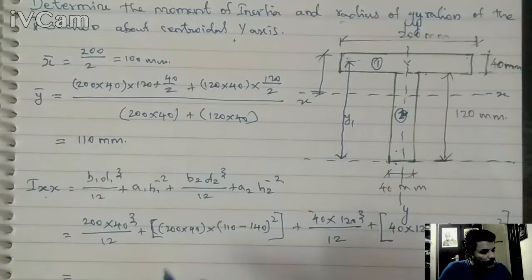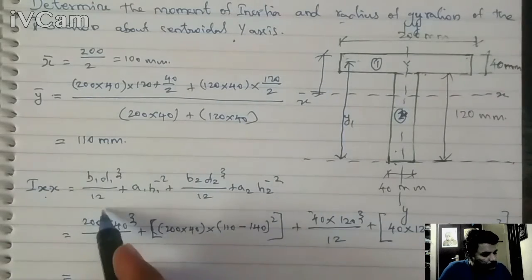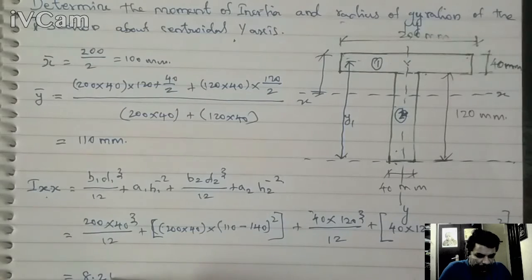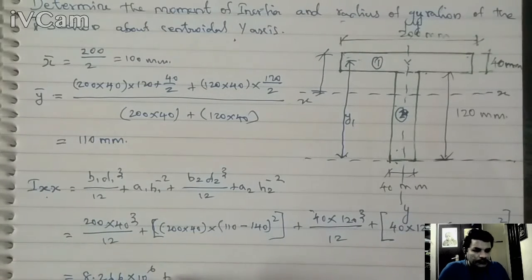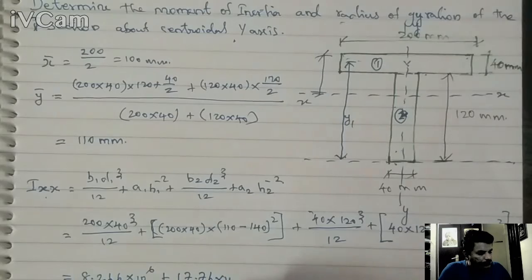So the calculated value of this term, that is Ixx1, is 8.266 into 10 power 6, plus 17.76 into 10 power 6.